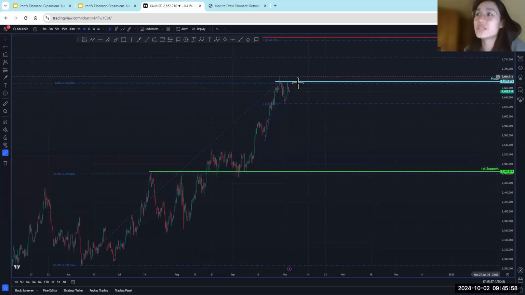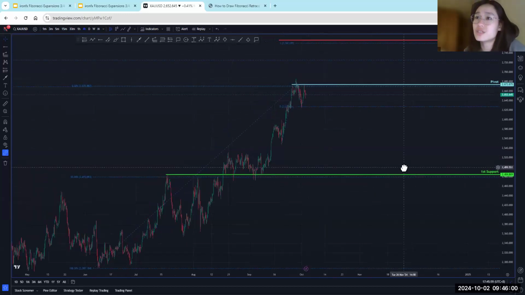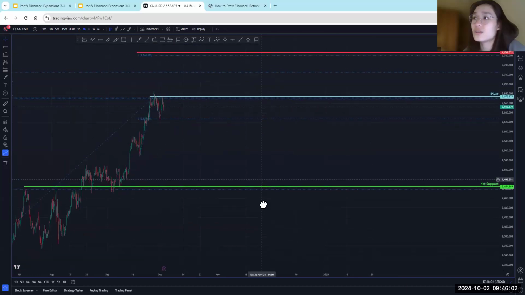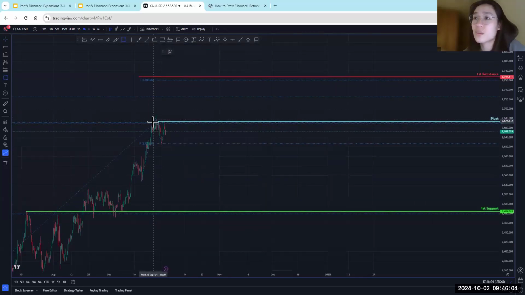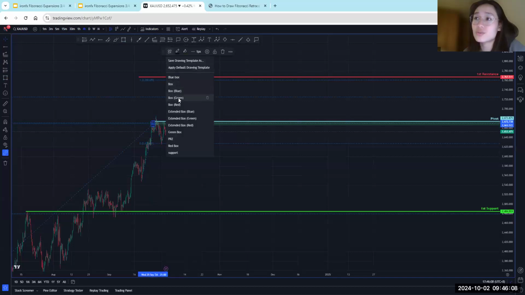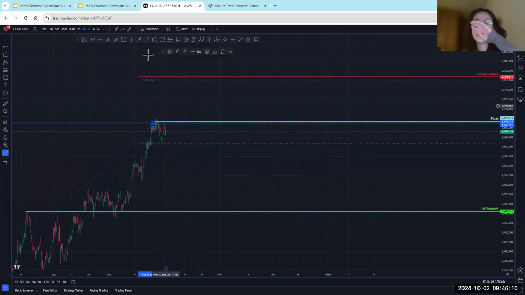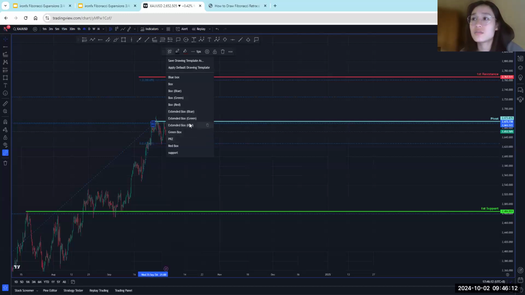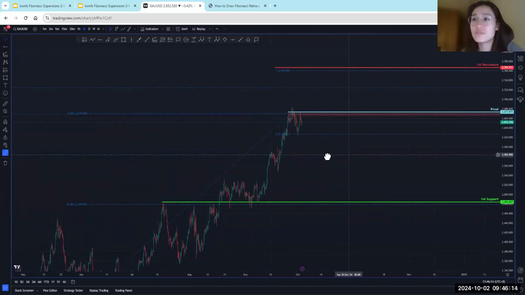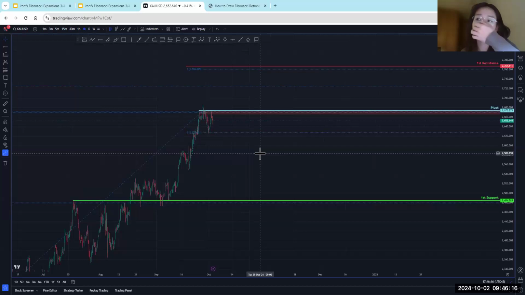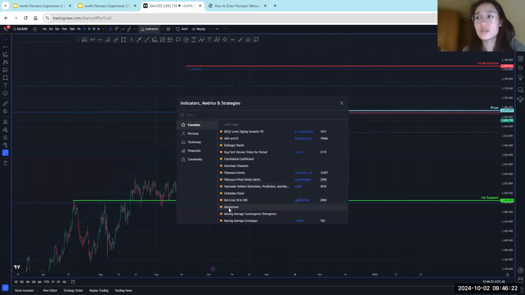Okay, we can already see price reversing off of our pivot. This is also a bit of a confluence area. You can see we have two Fibonacci levels lining up here. So let's look at our indicators.